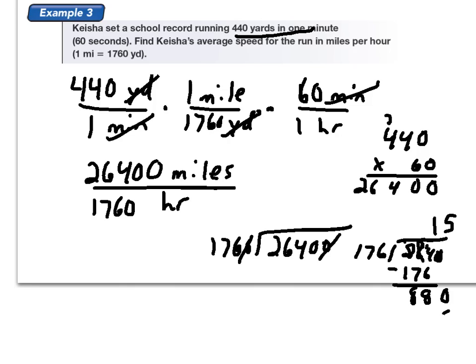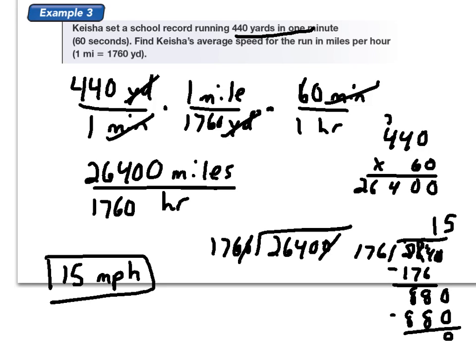Okay, because 6 times 5 is 30. If I carry the 3, 5 times 7 is 35, and carry the 3 is 38. And then 5 times 1 is 5, with another carry 3 is 8. Okay, so that is 15 miles per hour. Okay, because we got it down to 1 hour there. 15 miles per hour.